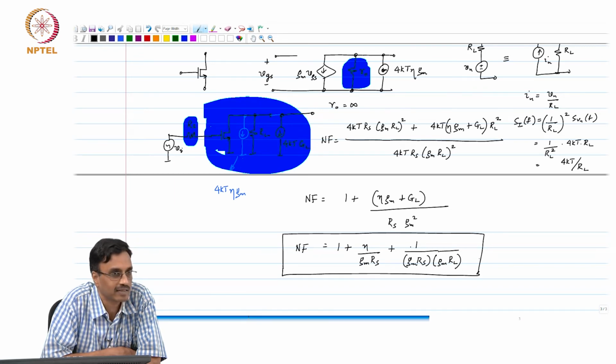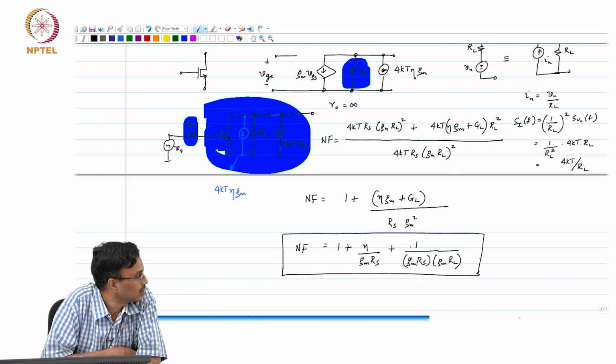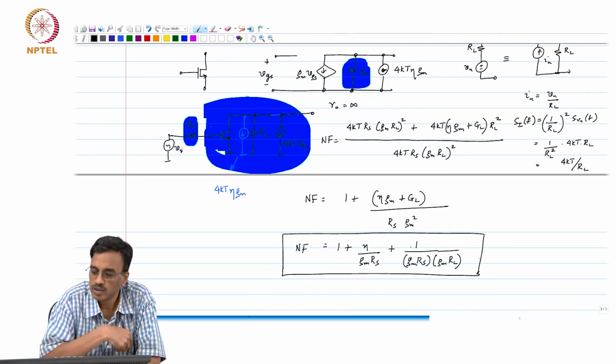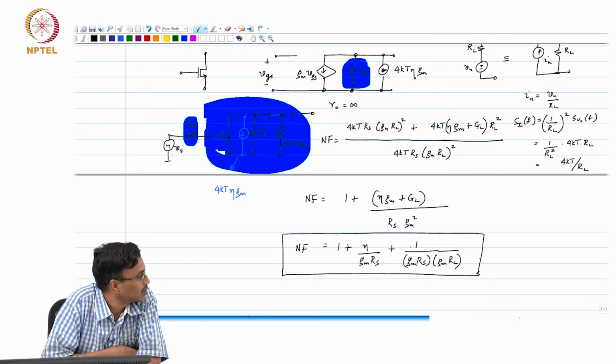Okay. Now, what comment can we make about the noise spectral density added by the resistor in relation to that added by the transistor? So, what comment can we add?